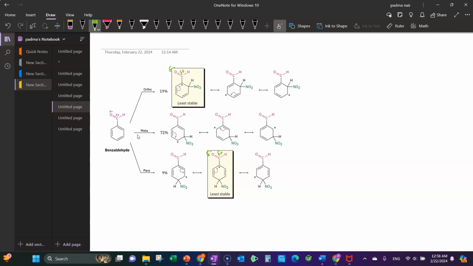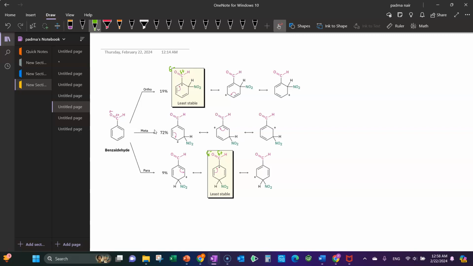But on the other hand, when the NO2 group goes to the meta position and we look at the sigma complex, we do not have any resonance structures where the positive charge is close to the carbon atom, right? It is over here, it's over here, and it's over here, but it never comes close to the carbon atom which is next to the aldehyde carbon.